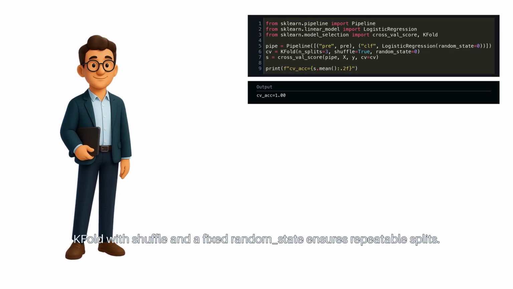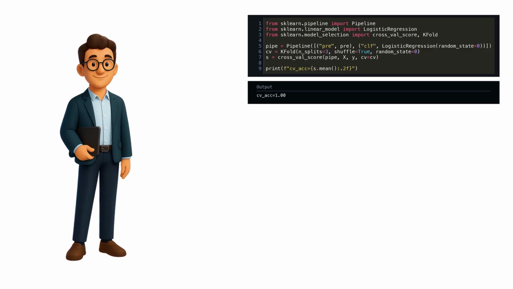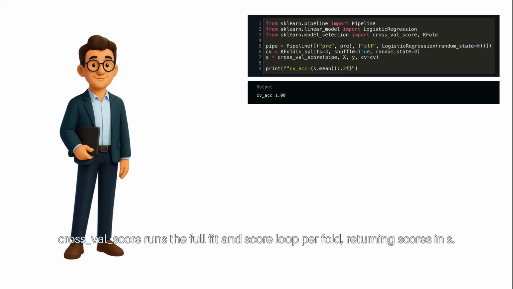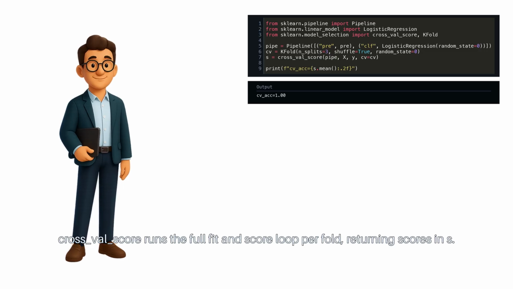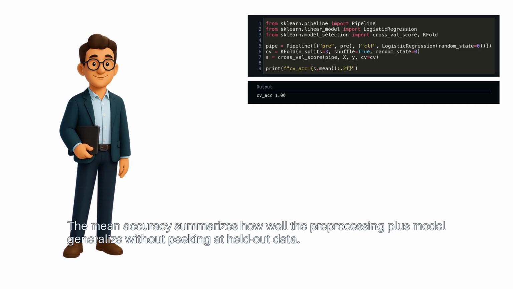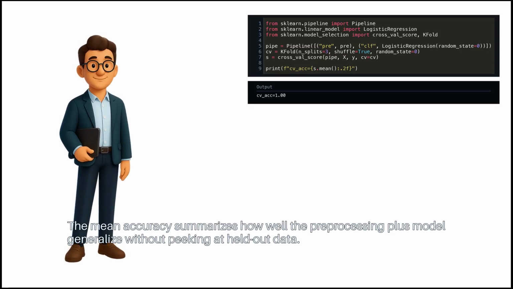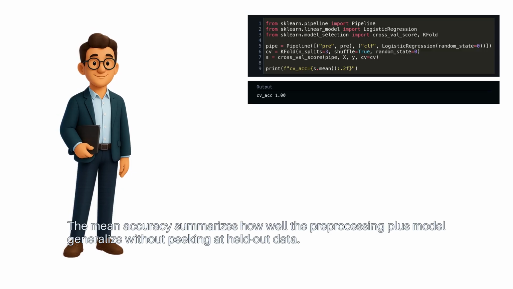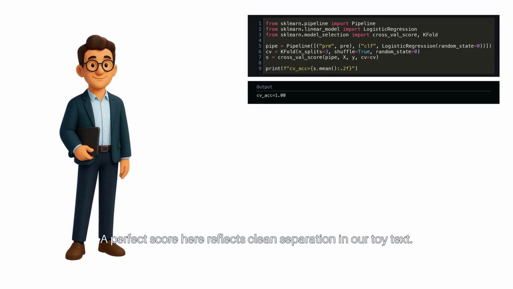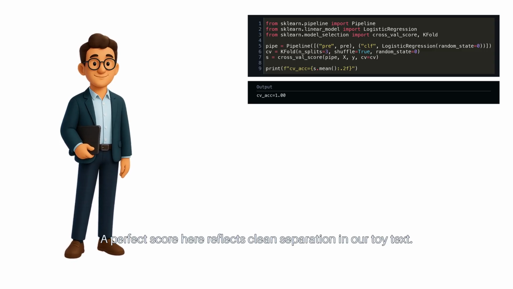K-fold with shuffle and a fixed random state ensures repeatable splits. cross_val_score runs the full fit and score loop per fold, returning scores in s. The mean accuracy summarizes how well the preprocessing plus model generalize without peeking at held-out data. A perfect score here reflects clean separation in our toy text.